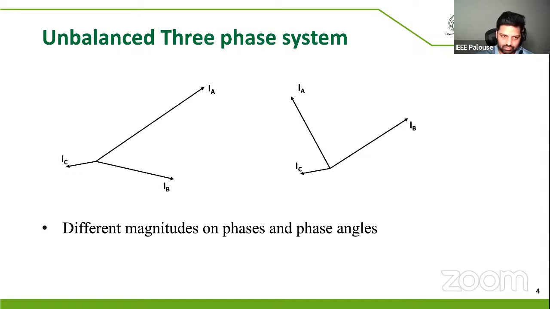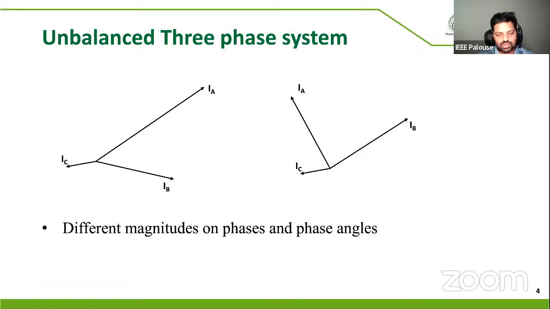For our study purposes, it is very difficult to analyze an unbalanced three-phase system. In a balanced three-phase system, you can always reduce all the components to a single phase, which is how we do single-phase analysis. But in an unbalanced system, you will not be able to reduce everything to one phase, and it is not simple to do analysis or calculations.